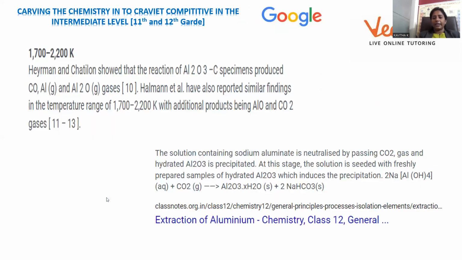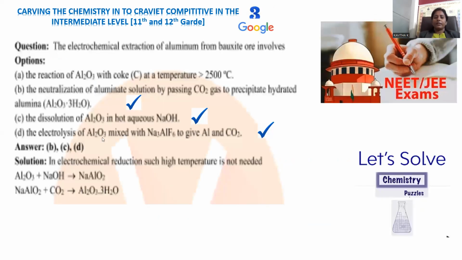Treating sodium aluminate with carbon dioxide, solid alumina precipitation is possible, and sodium bicarbonate is another byproduct you can clearly locate, right? This is the way we can say option number B is correct.